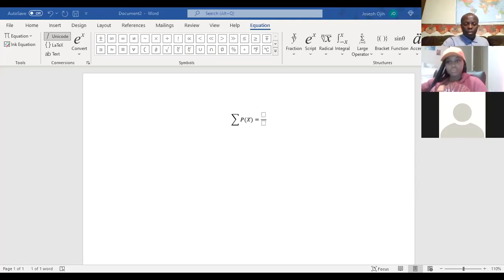There are 5 of them: 1, 2, 3, 4, 5. So plus 1 over 5 equals. I can make it bigger so you can see it better.